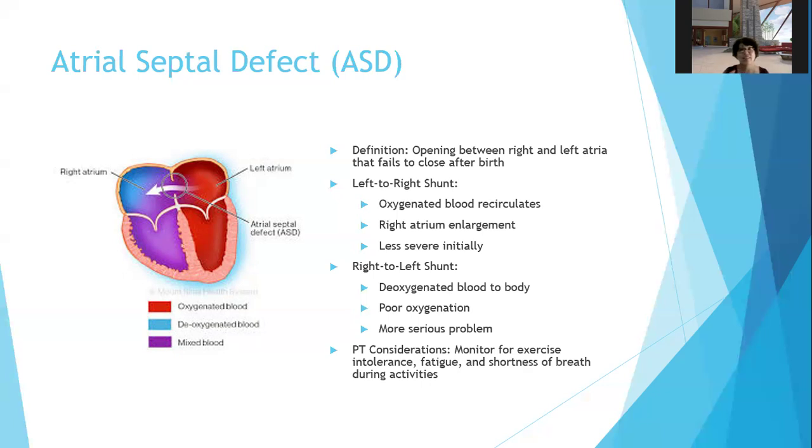And that's less severe because more oxygenated blood is not as much of a problem as less oxygenated blood. If you have a right to left shunt, that means your deoxygenated blood is now going out to the body and you get poor oxygenation. That's a more serious problem. So someone who has an atrial septal defect, you want to monitor for exercise intolerance, fatigue, and shortness of breath during activities. And of course, cyanosis is going to be a sign that might show up.